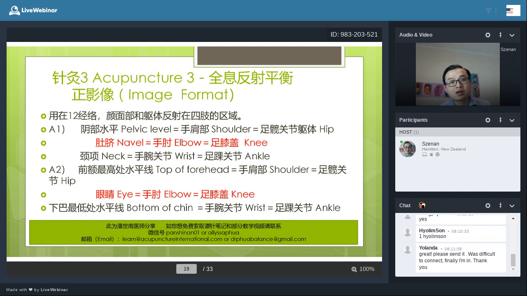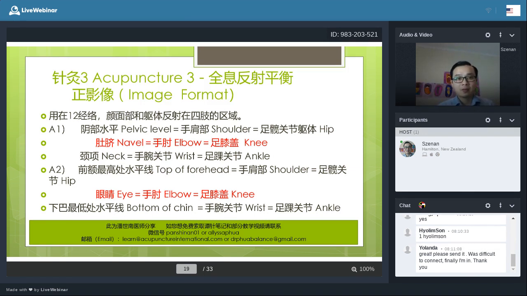Navel, which is the belly button, treats elbow. The belly button is the middle of the trunk. The eyes are the middle of your head. So when I say eyes, it's eye level, even in here and here. When I say belly button, I come to this level, to L2, Mingmen or Shenshu.